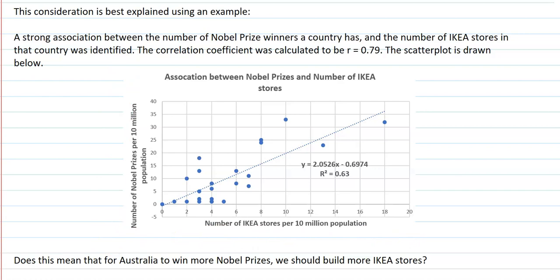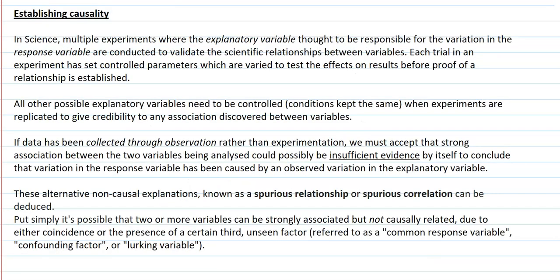So does that mean that for Australia to win more Nobel Prizes, we should build some more IKEA stores? In order to assess that question, we need to establish what we call causality. Is the explanatory variable the cause for what we see happening to the response variable? In science, when someone wants to validate scientific relationships between variables, a scientist will conduct multiple experiments to see the same patterns happening.